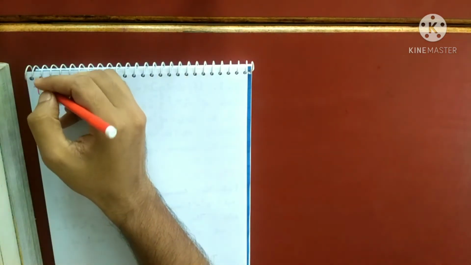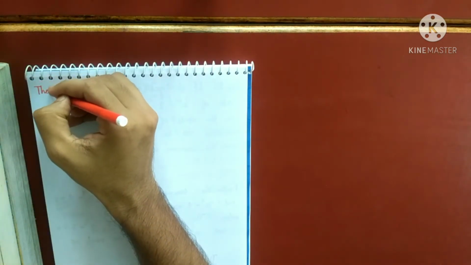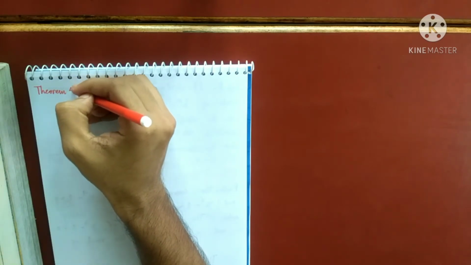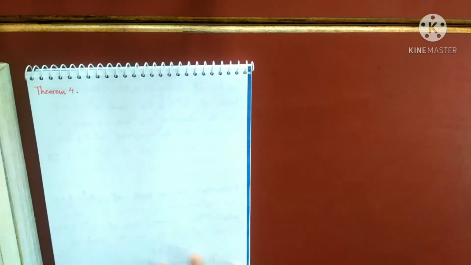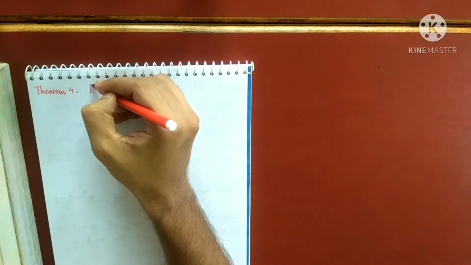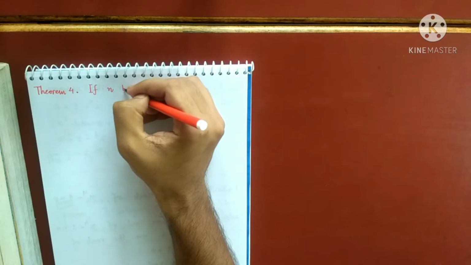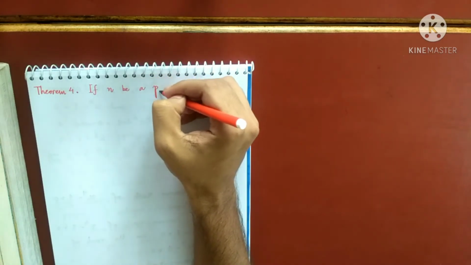So the new theorem is this. If n be a prime, so this is very important, n must be prime.